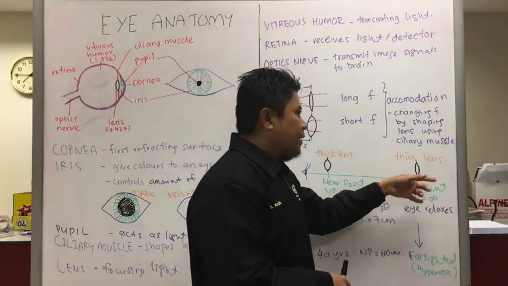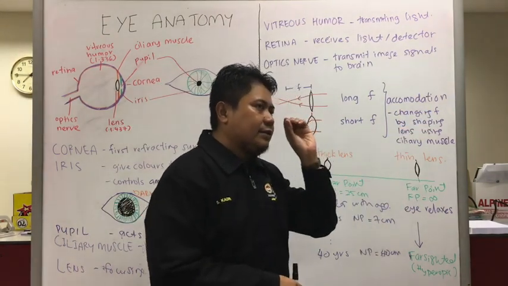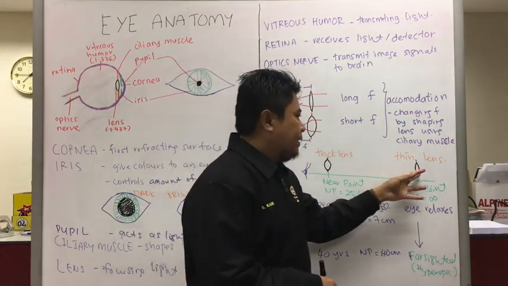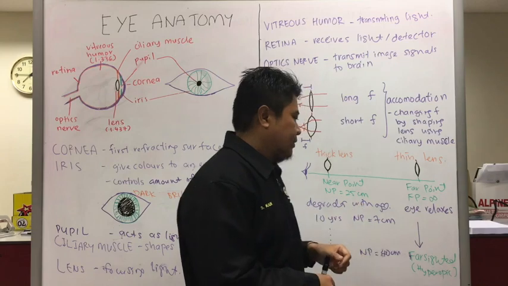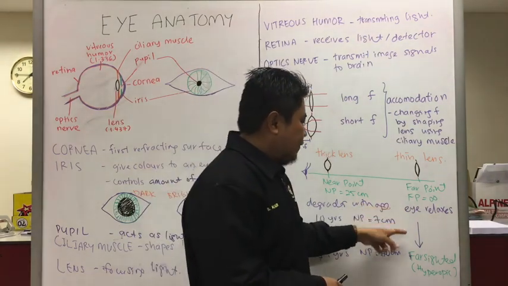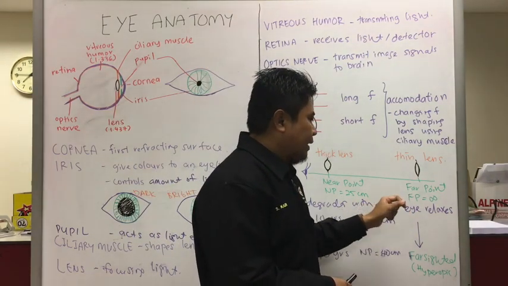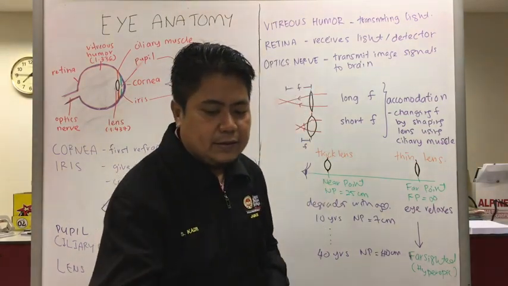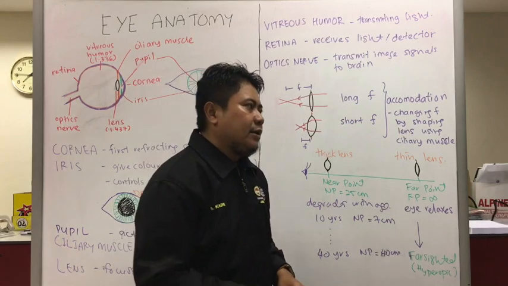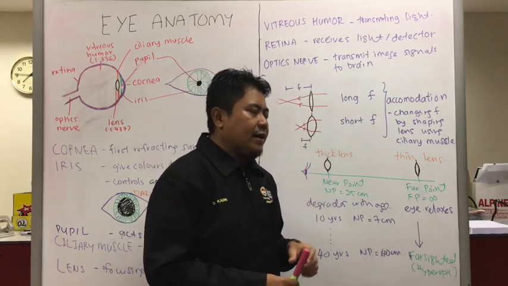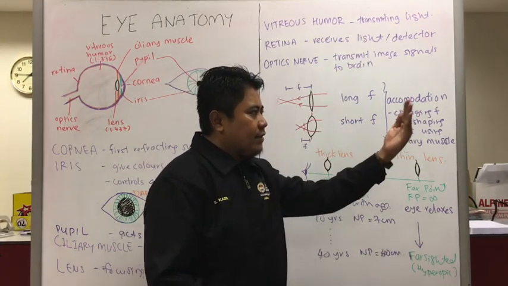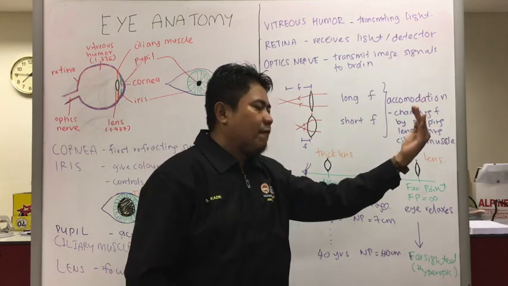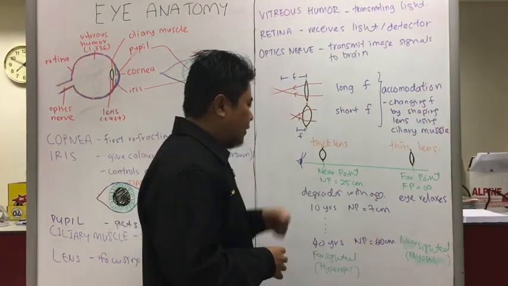When you see something very far, the ciliary muscle becomes relaxed and your lens becomes thin. If you have a problem seeing far, for example you or your friends using eyeglasses, you can only see a certain distance and cannot see farther than that. That means your far point is limited.